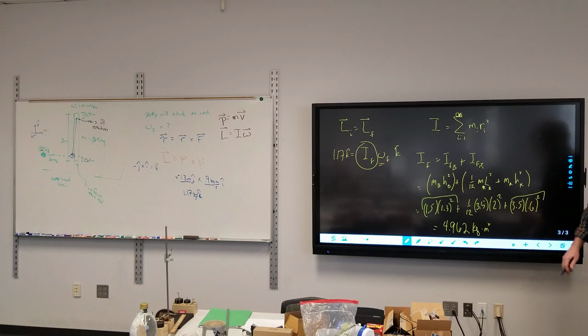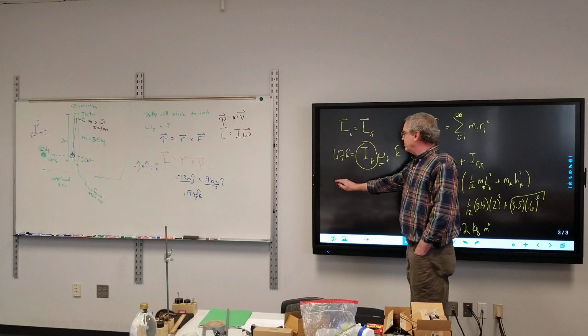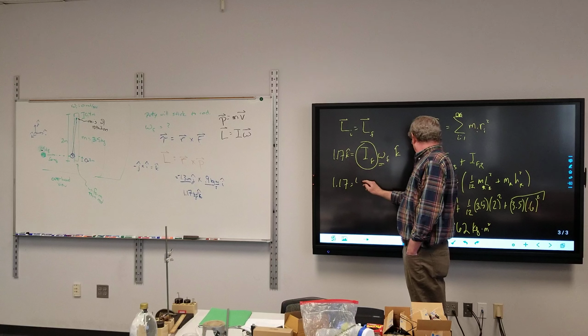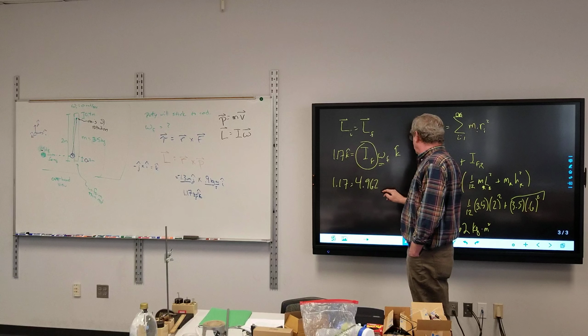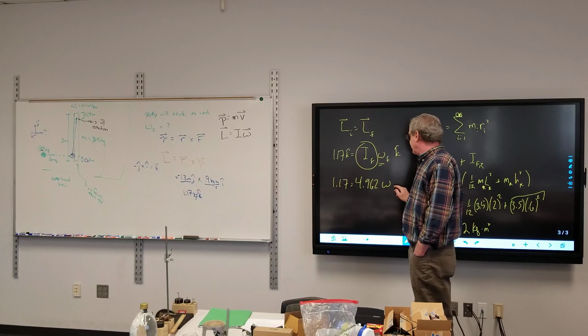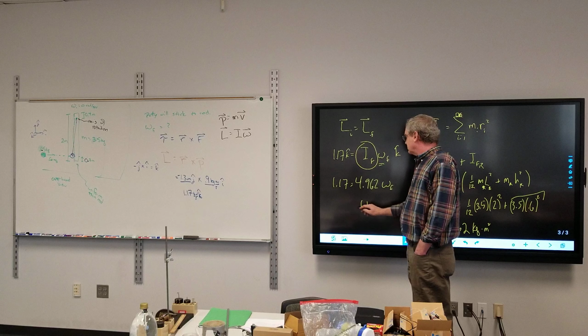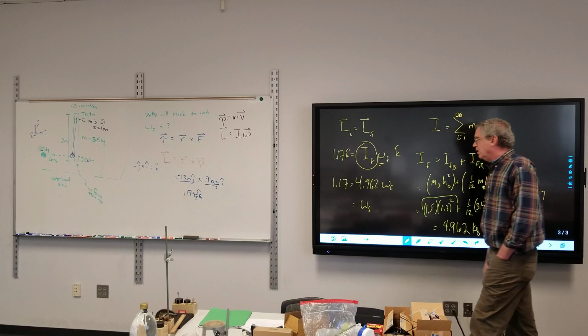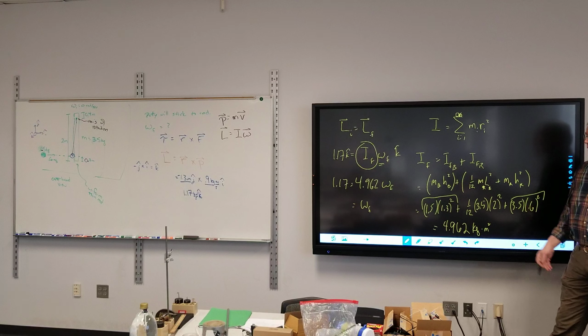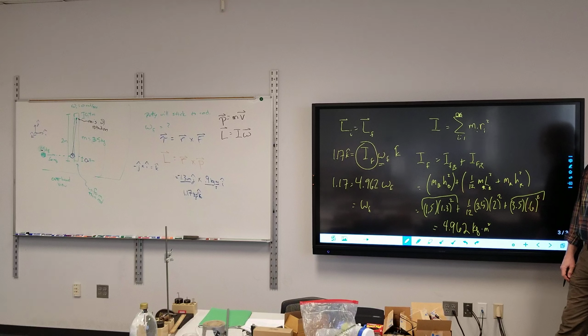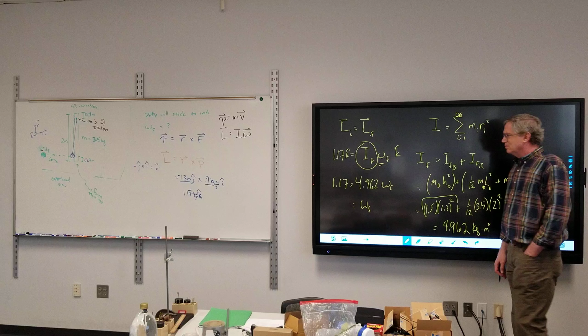Alright, so we know what I is afterwards, so 1.17 is equal to 4.962 omega final. So my final angular speed is just that fraction right there, 1.17 divided by 4.962.